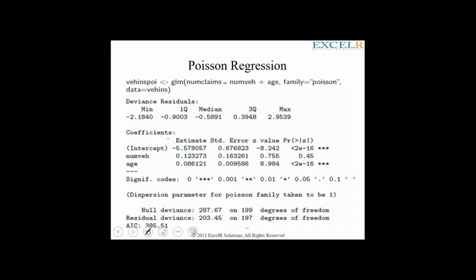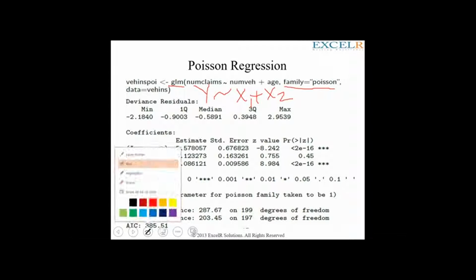The command to run the Poisson regression would remain the same as GLM, generalized linear model. However, the only change here would be family is equal to Poisson. So y tilde x1 plus x2, and then you say family is equal to Poisson.